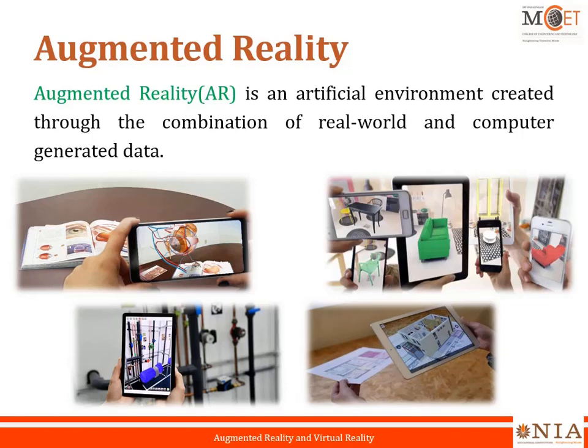It can be used in n number of applications, that is even in the education sector or in construction of home or placing interior designs or viewing the particular machinery, how the functionality of the particular machinery is done. All those sectors, in all those applications, AR is used. So you'll be having a smartphone embedded in a particular image. If you place a target image on the phone, the particular generated data will be displayed.